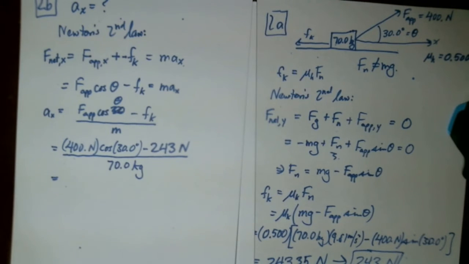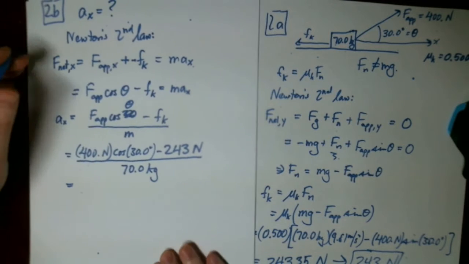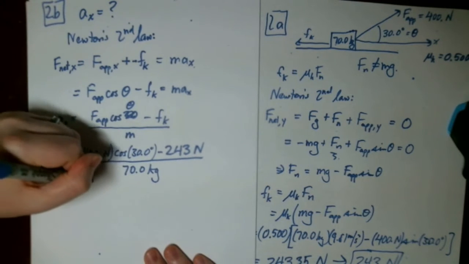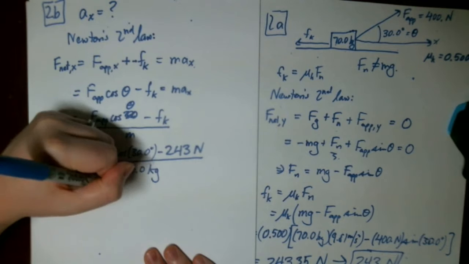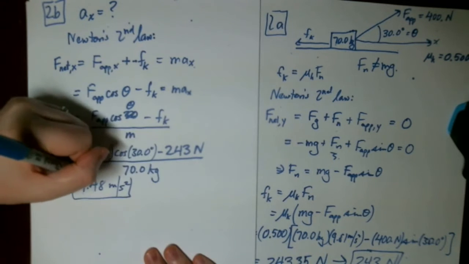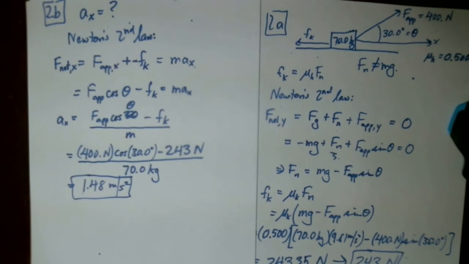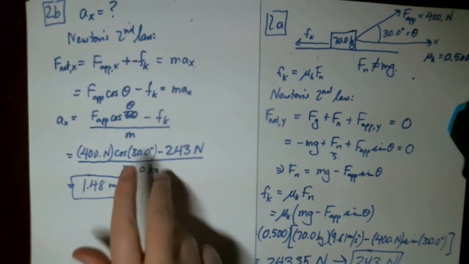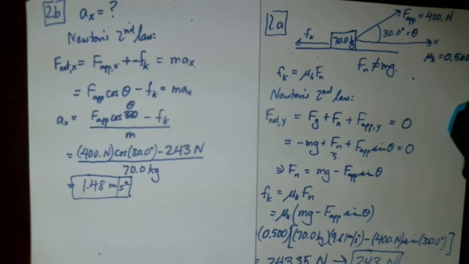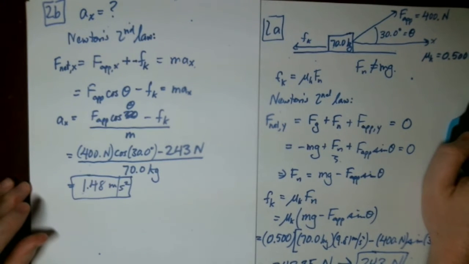When I put all that into my calculator, I calculate an acceleration of 1.48 meters per second squared. I think I have 1.47 meters per second squared on the test. That 1.48 is within the margin of error, and I think it comes from rounding the friction force to 243 instead of 243.35 when putting that in here. Anyway, that's the solution to question 2A and 2B on the quiz from the 8th.